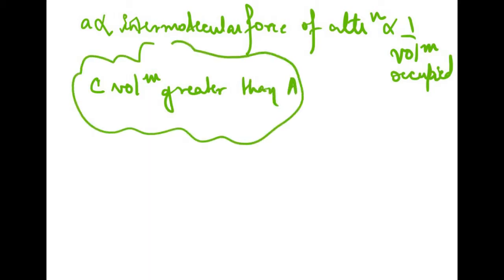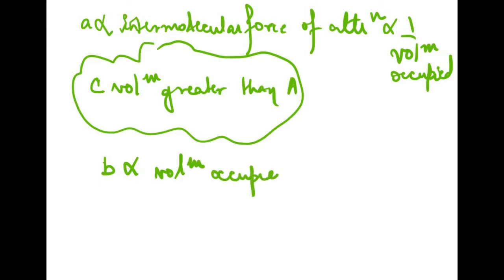So first check the options. See, option a says gas c occupies lesser volume than a, which is wrong, so a gets automatically removed. All the 3 other options say that c occupies more volume than a, so that's fine. Now coming back to b and d, which have the same value of a. b is the volume correction, so greater the value of b, greater will be the volume occupied.